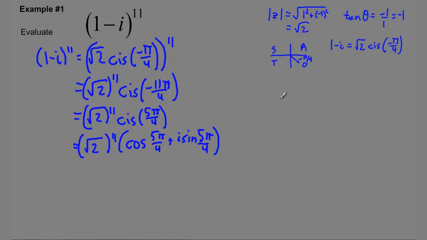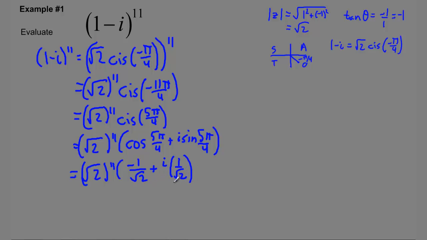Now 5 pi over 4 is in the third quadrant, so cosine is negative, sine is negative, so we can rewrite that as root 2 to the 11th, and that would then become negative 1 over root 2, because it's a 45-degree triangle, plus i times 1 over root 2.